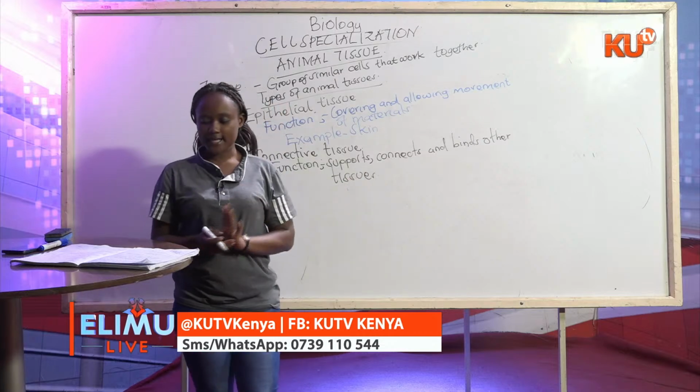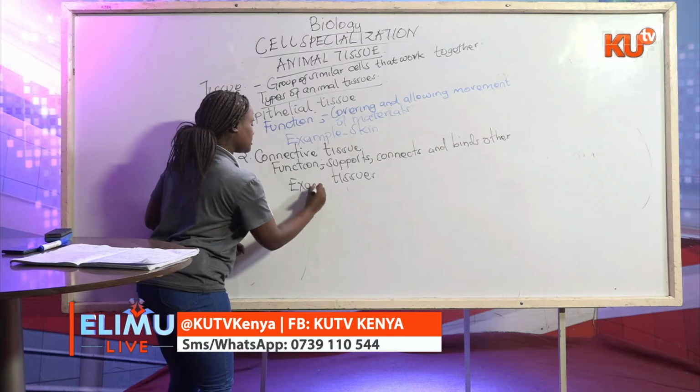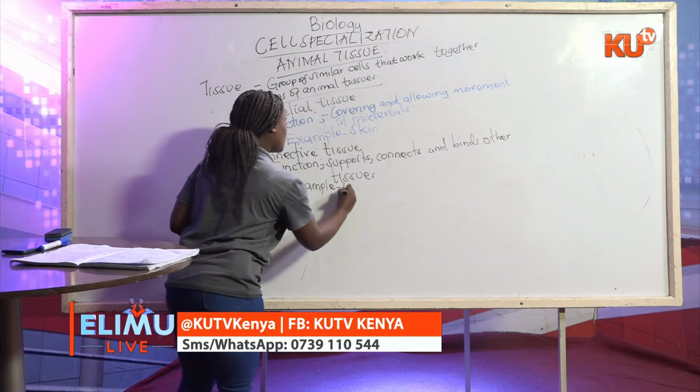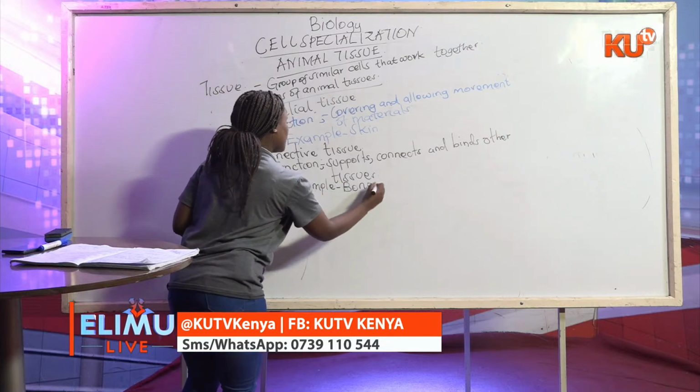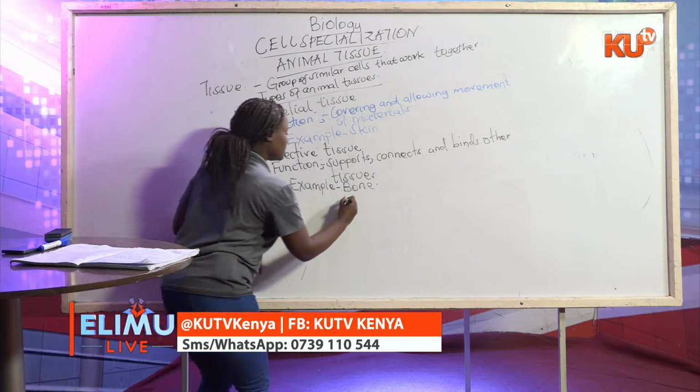So the example, we have the bone. Another example, we have the blood and cartilage.